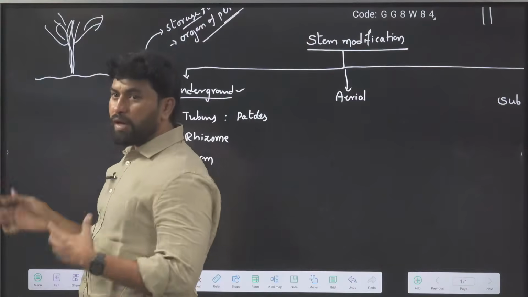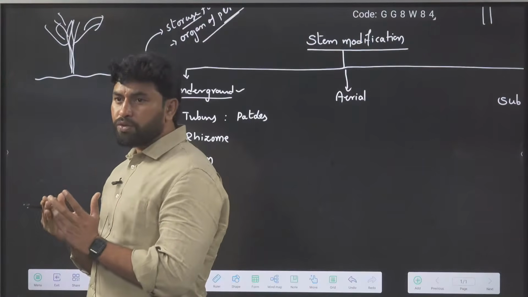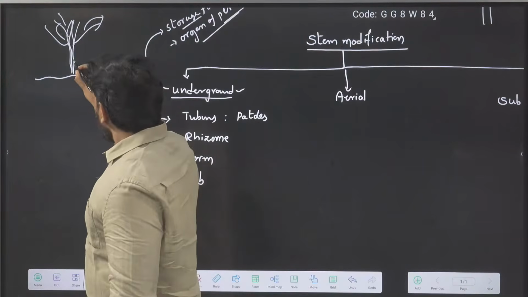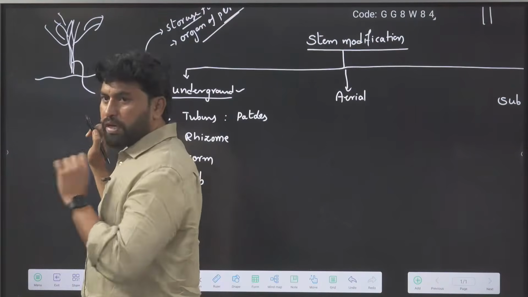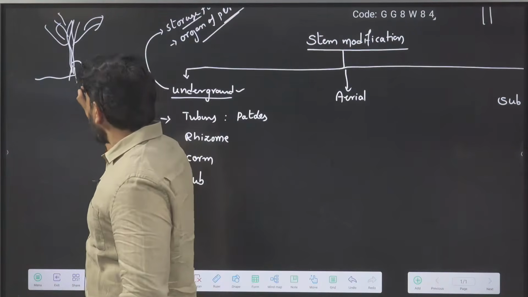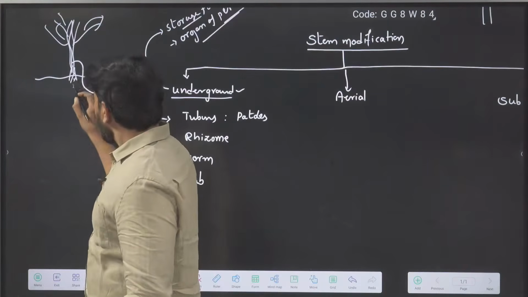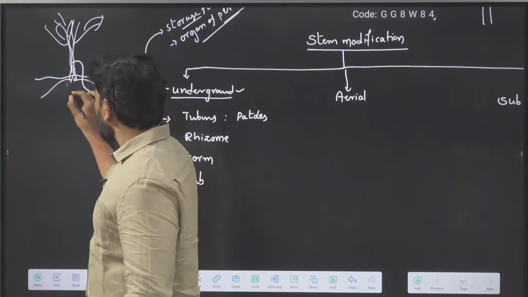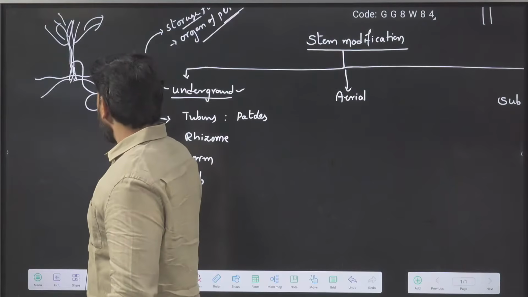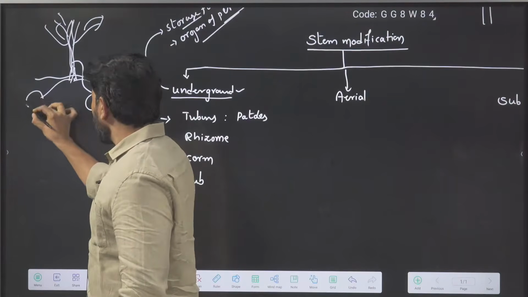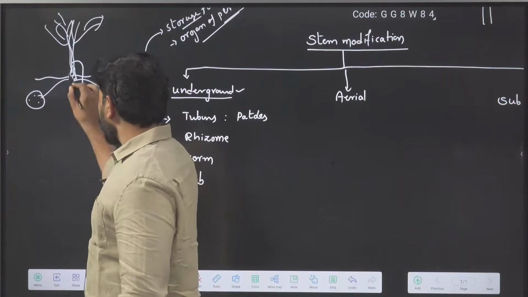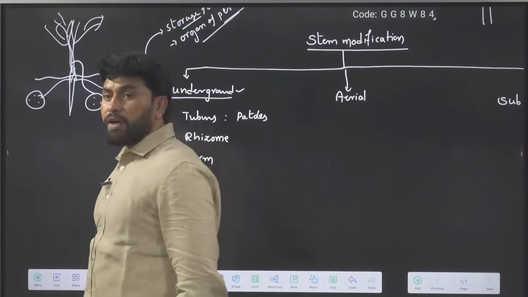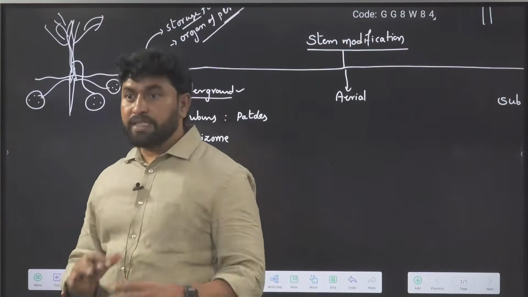What are the places where the potato stores food? There are some branches near the soil, or branches under the ground, that enter inside the soil, and these are the branches which store food. Of course, a branch is a stem, that's why the potato stores its food in the stem.